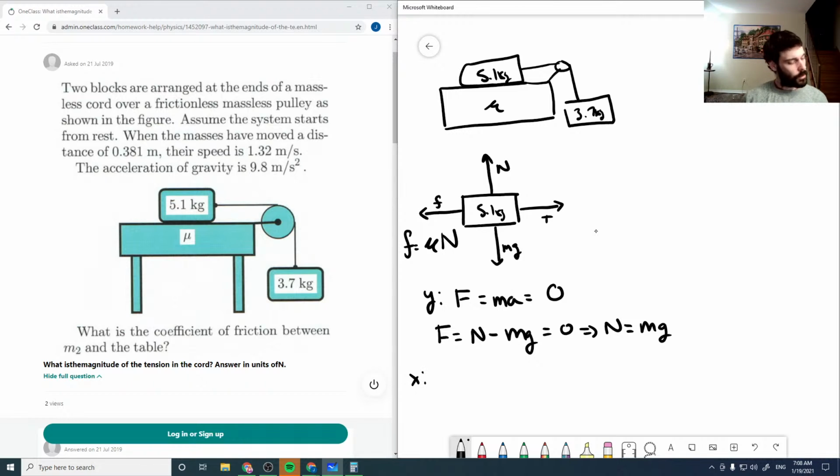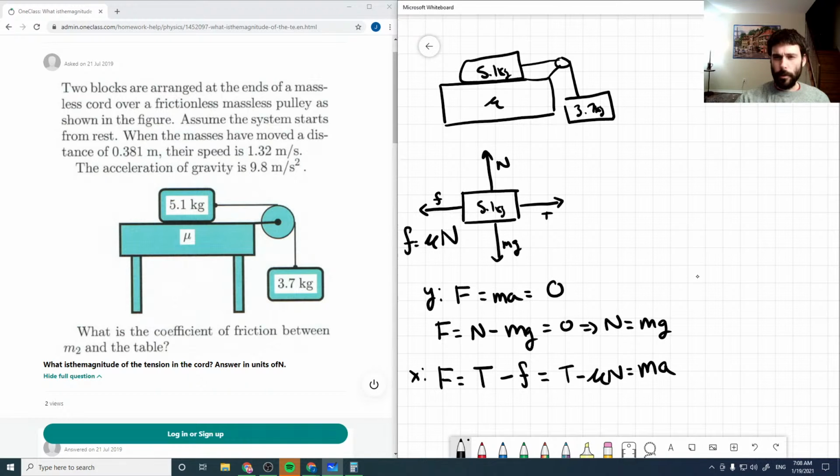So in the x direction, our force is our tension minus our friction, which is tension minus mu n, which is equal to ma. Now, one thing we'll have to be careful of is to keep the directions of our masses traveling in the same direction.